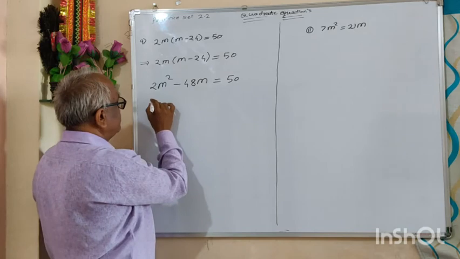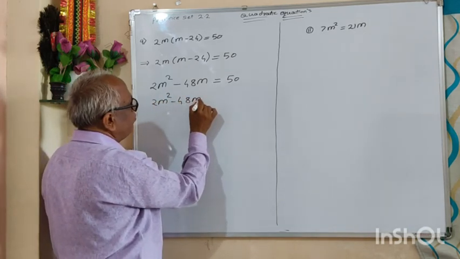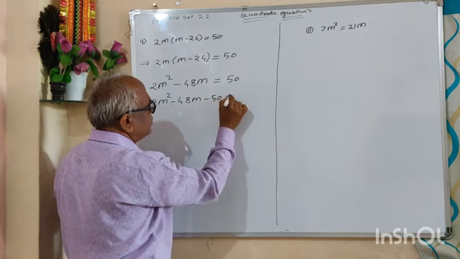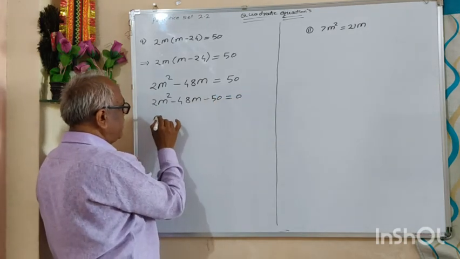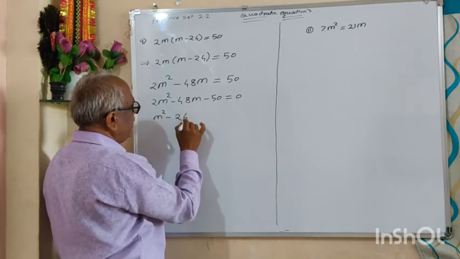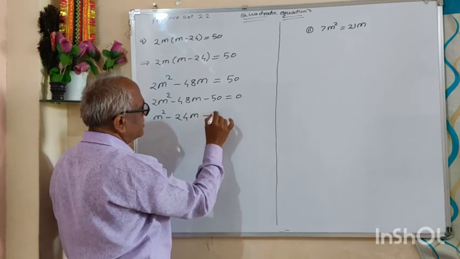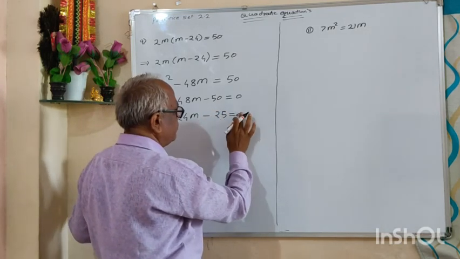That is 2m square minus 48m minus 50 is equal to 0. Now divided by 2 you will get m square minus 24m minus 25 is equal to 0.